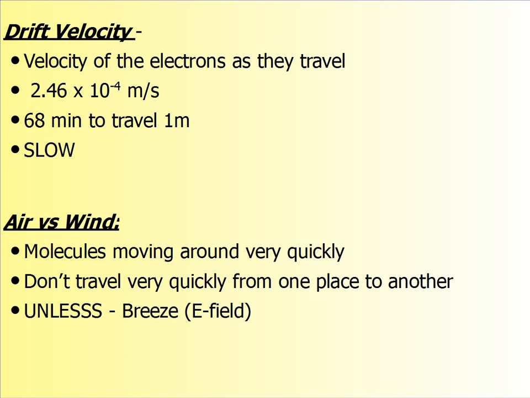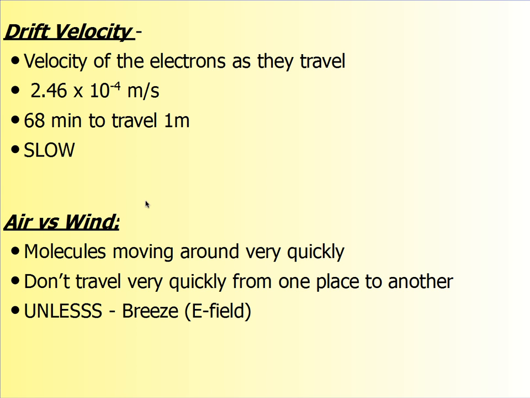It turns out that electrons are very slow, and they move with something called a drift velocity. This is merely the average velocity of the electrons as they travel through your wire, and that's about 2.5 times 10 to the negative 4 meters per second. Think about this: that's about 68 minutes to travel a meter. So the electrons themselves are moving very, very slowly.